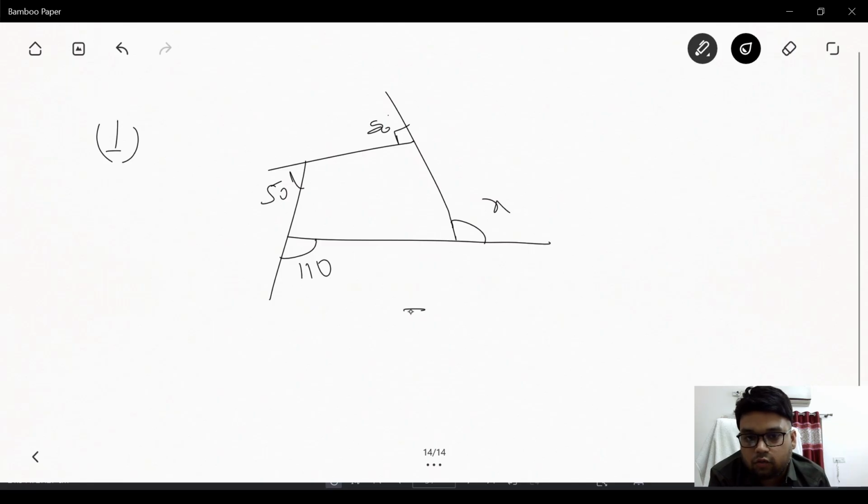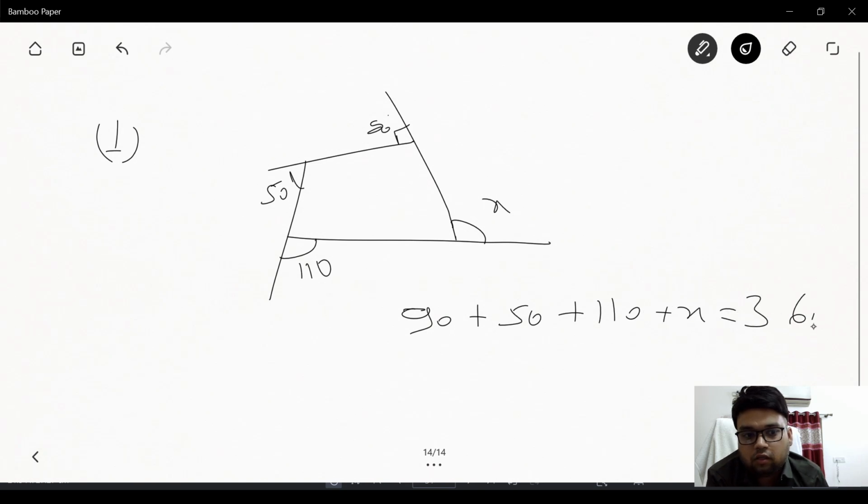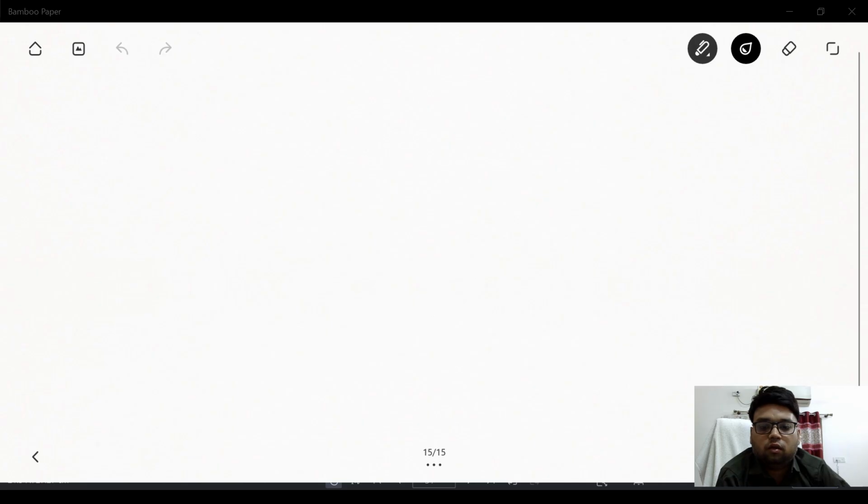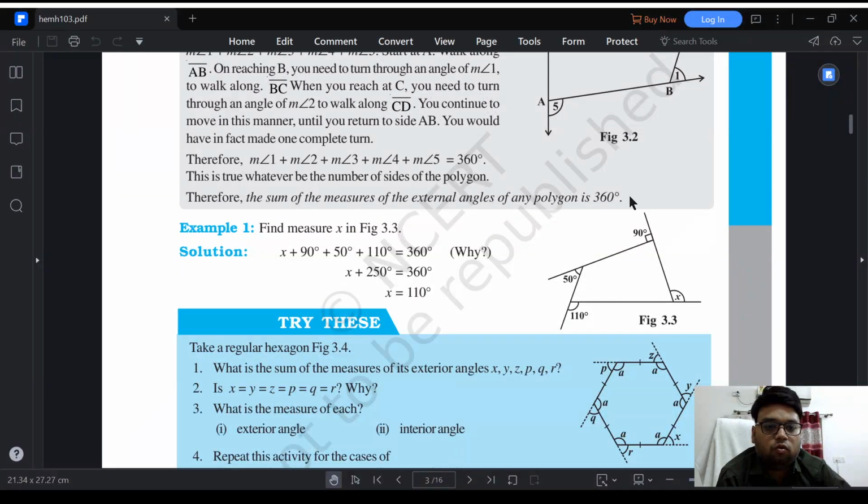According to this formula, we add all these terms and equate to 360 degrees. Now we can calculate the value of x, which is 110 degrees, by subtracting the sum of all these from 360. So it is as simple. They explain it in the way of an example in your notebook.